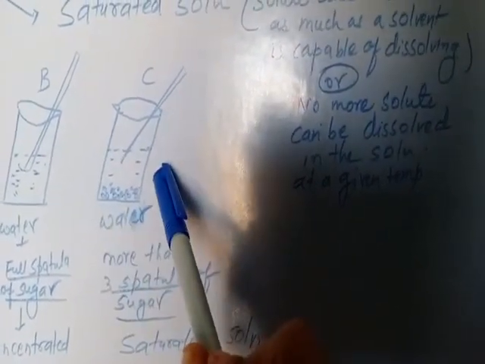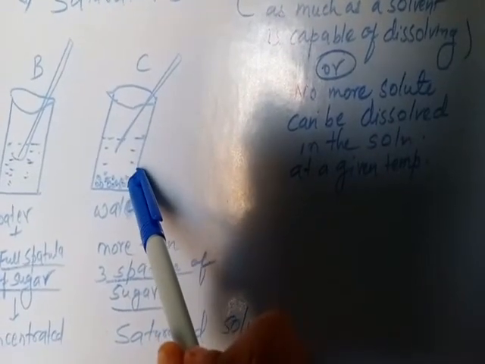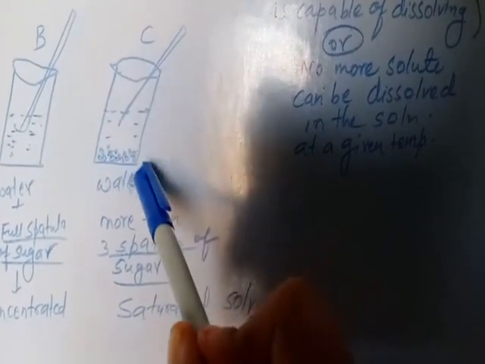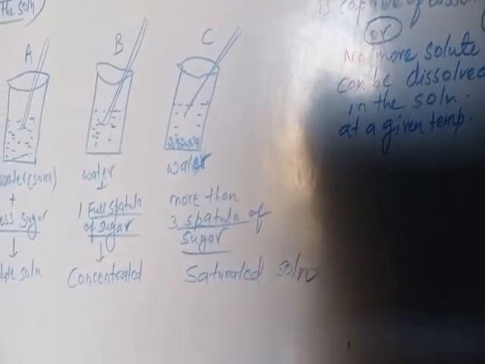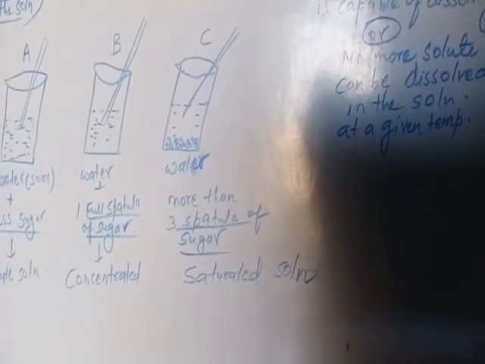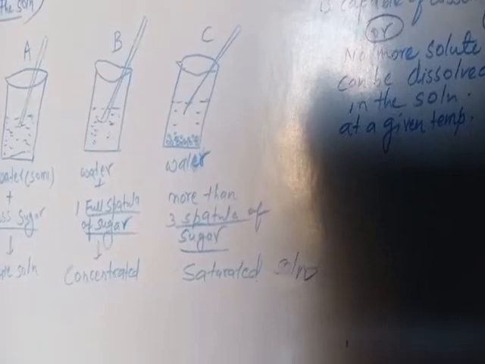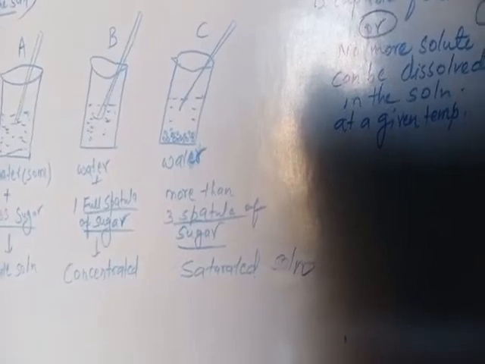So that type of solution where no more solute can be dissolved is called a saturated solution. Hence, a dilute solution can also be called a less concentrated solution.